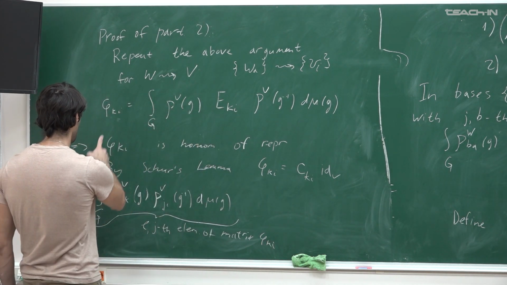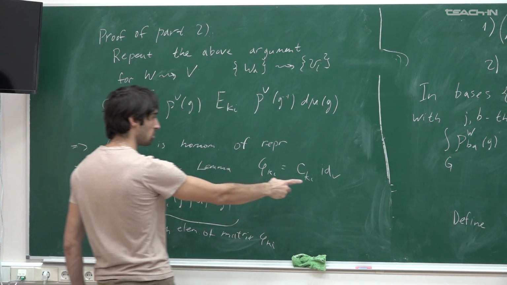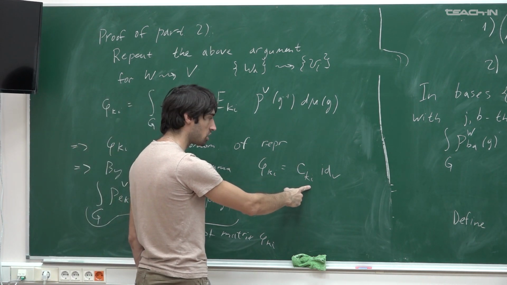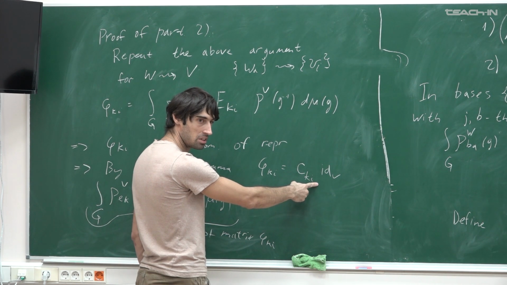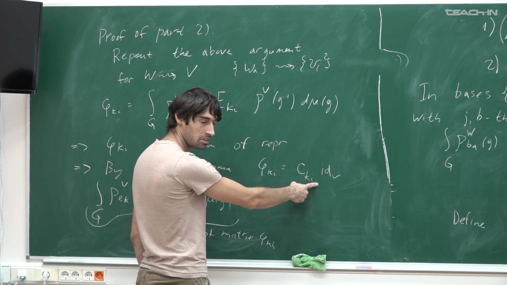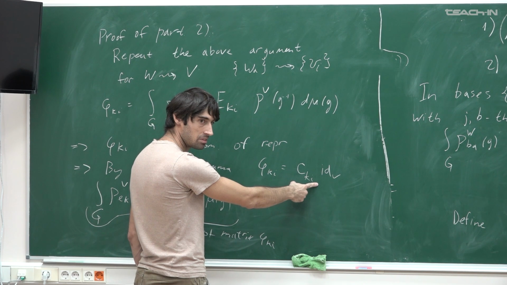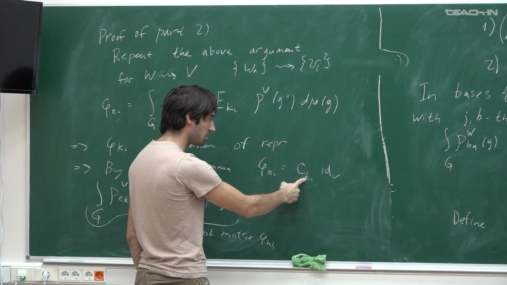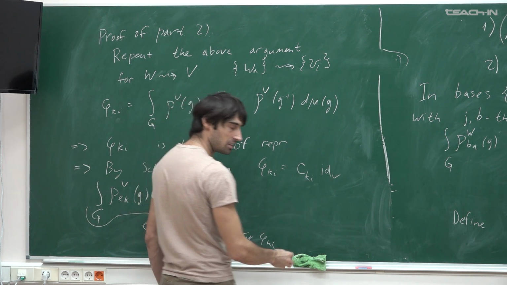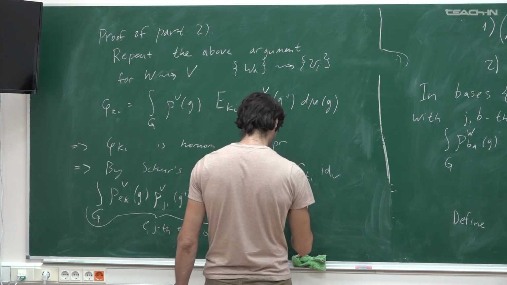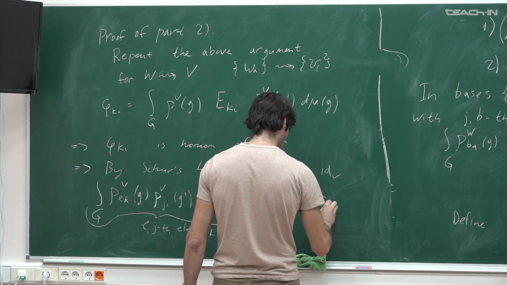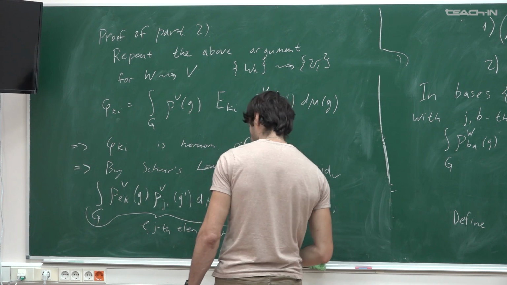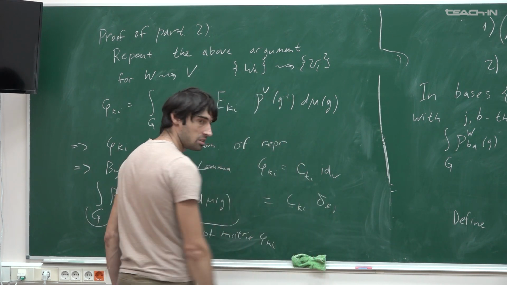But this equals to this. What is the Ljth element in this matrix? Yes, so C_ki times delta_Lj. So this equals C_ki delta_Lj. So we just need now to compute C_ki.